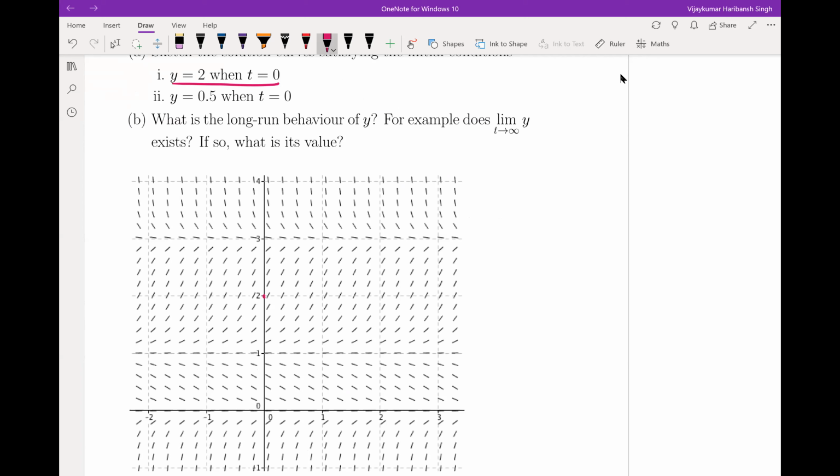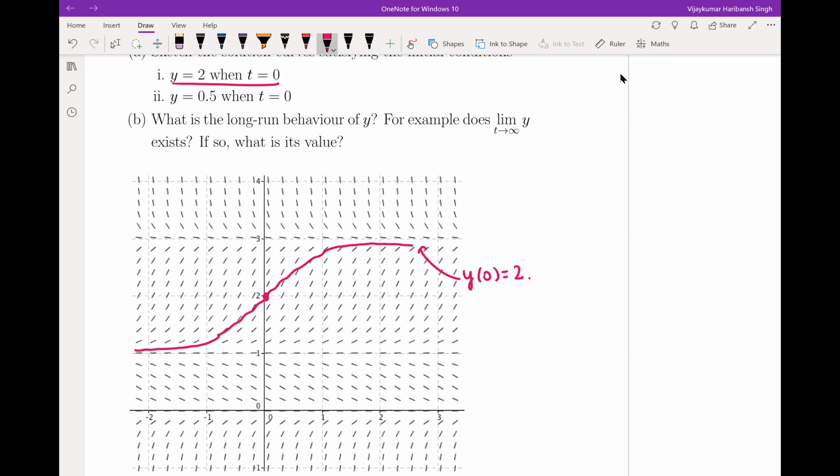It is somewhere here. Now we have to trace the curve, so the way you trace it is you basically go like that. So this one gives you y of 0 equals 2.